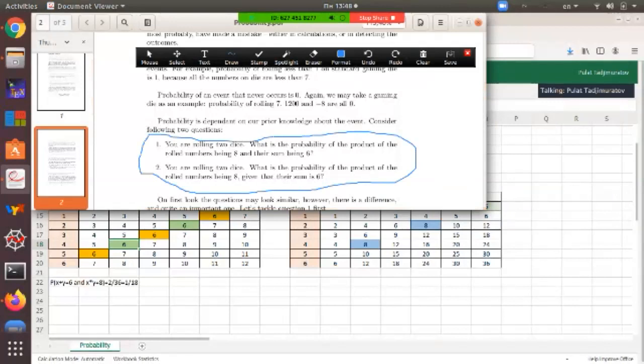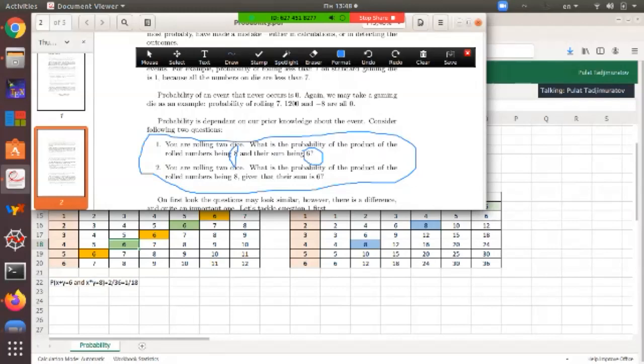So let's analyze that. The first one tells us we know nothing about the dice. We know that there are 2 dice rolled, and we want to know the probability of this and this happening at the same time. So we know nothing about the roll.